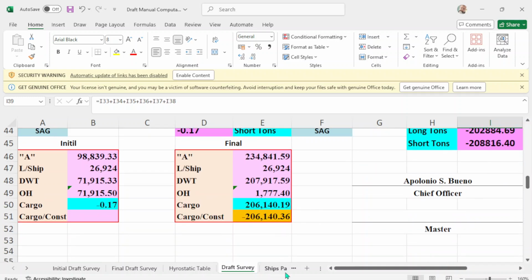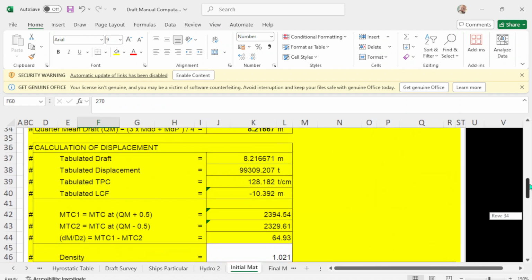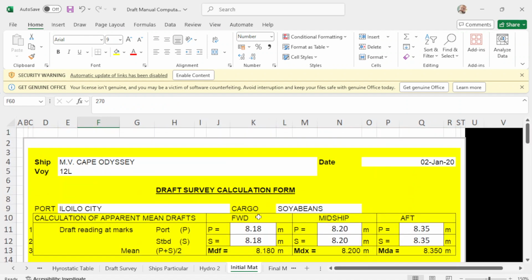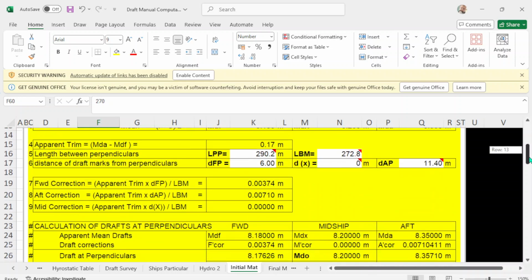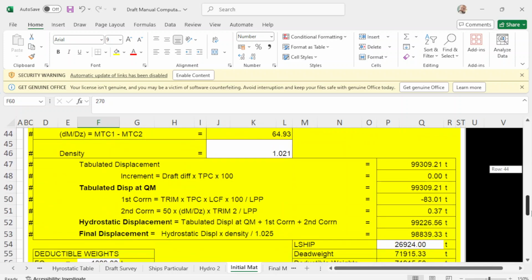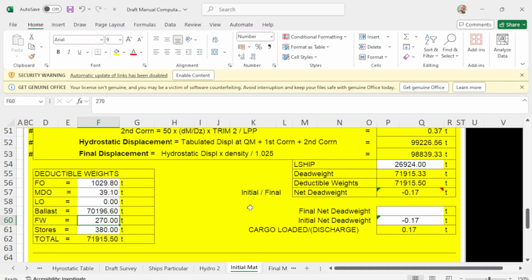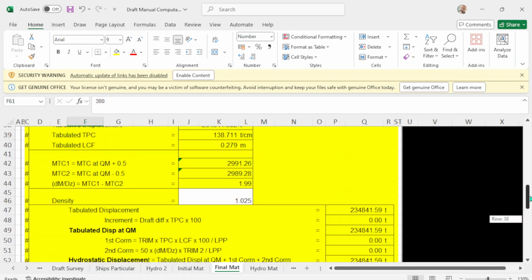And here another, this is another form. But I would suggest that if you can have this kind of form, it's much better, because all these formulas are here. Then you can trace every cell how it is being computed. So I would recommend that if you have this kind of draft survey, it's very good. This is the final draft survey.